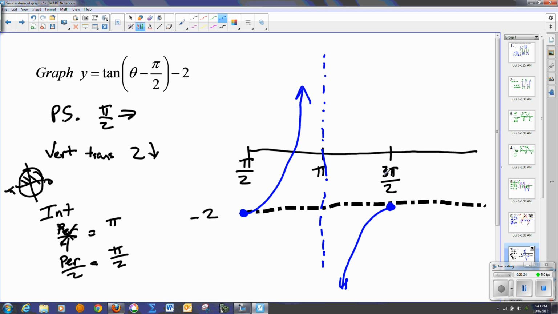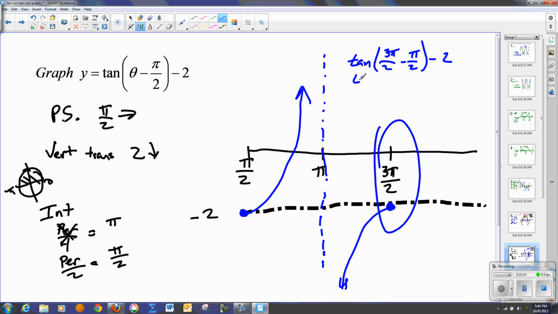We'll check the point 3 pi/2 and -2. If I take the tangent of 3 pi/2 minus pi/2, and I subtract 2 from that, then I get the tangent of pi minus 2.